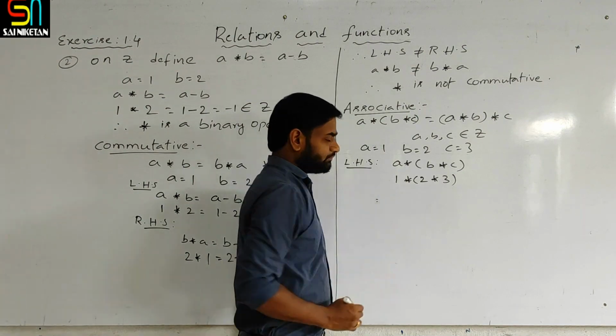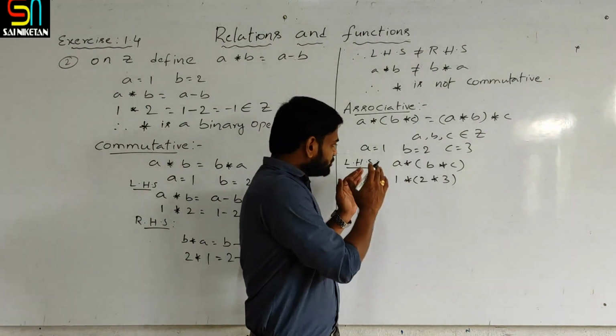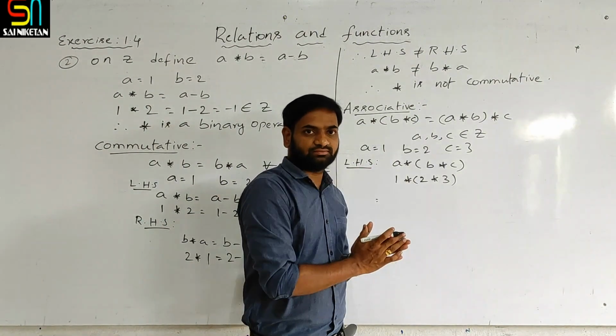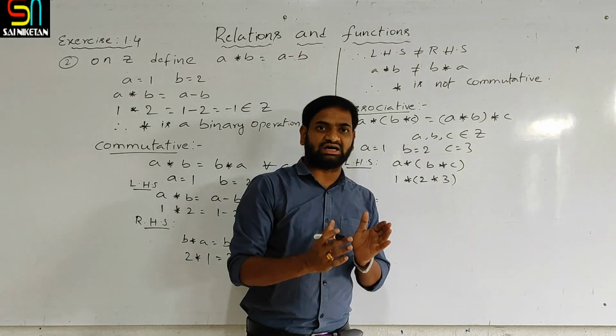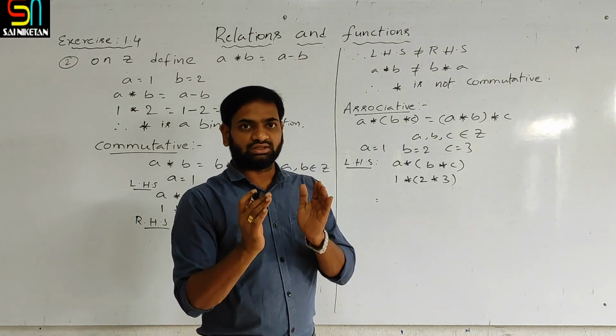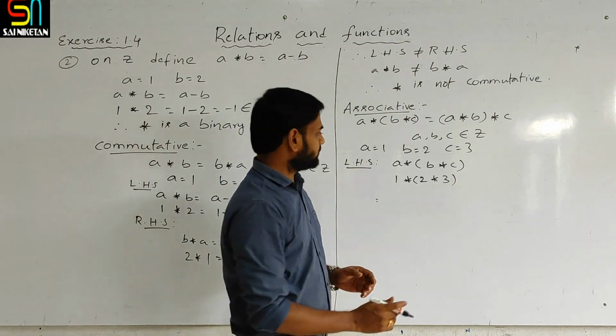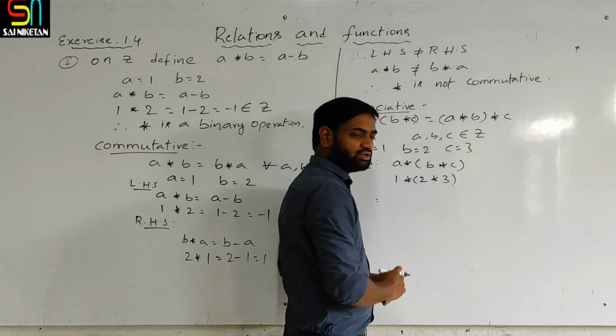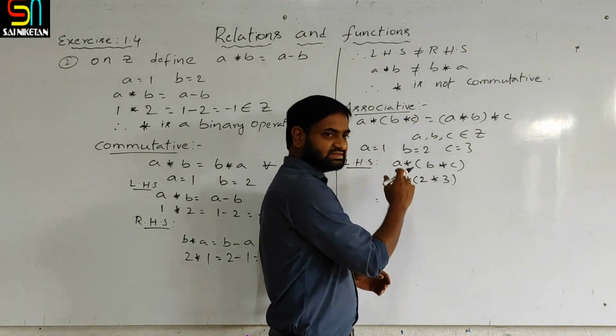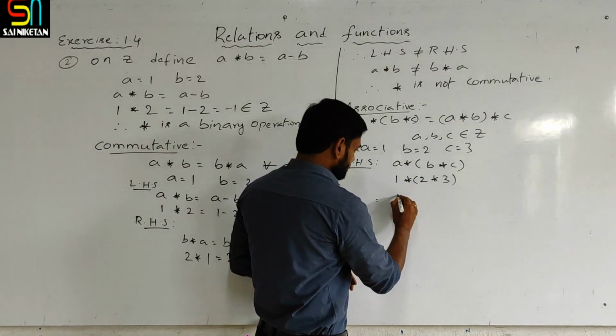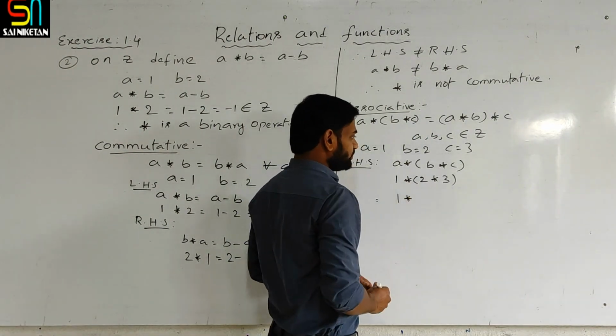Now, for which part do we have to apply the operation first? The one in the brackets we have to solve first. That means first we have to solve 2 star 3, and 1 star stays the same.